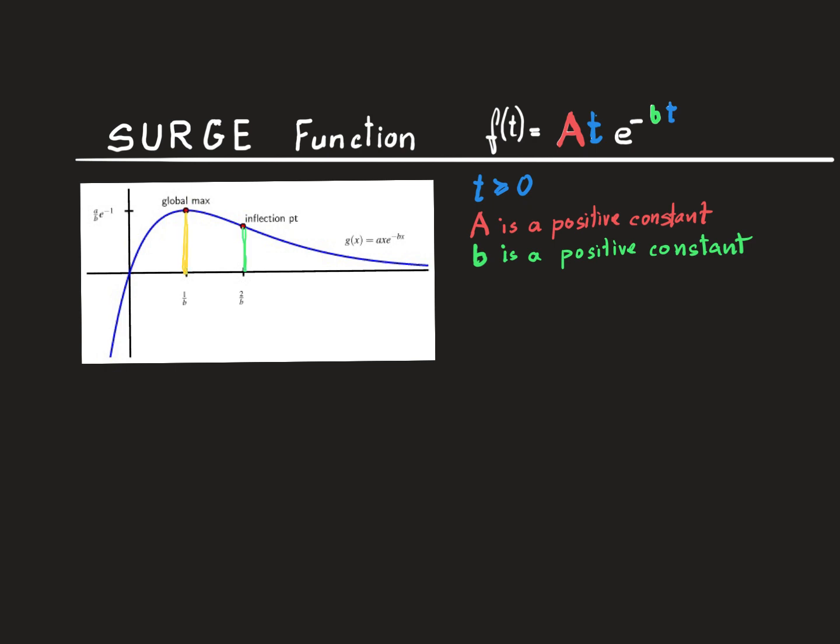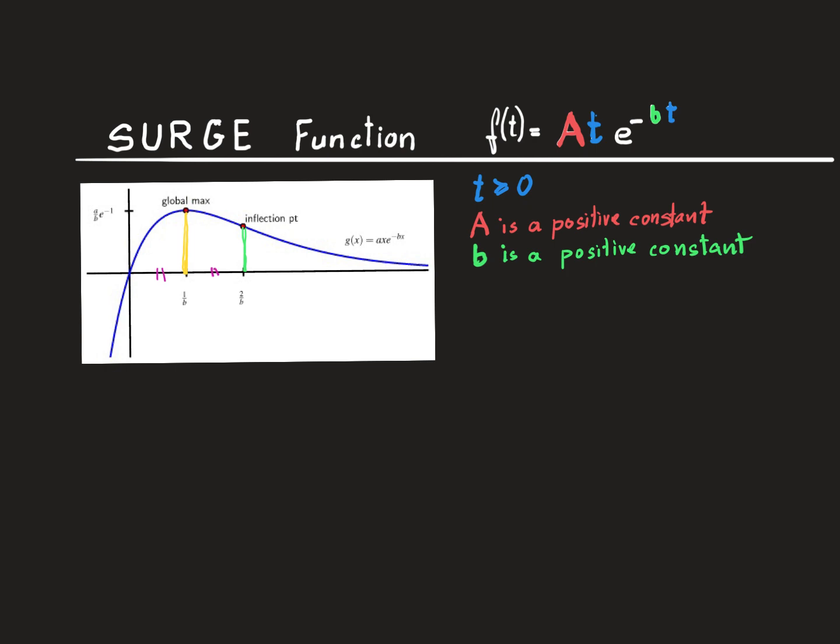In this video, I want to prove that a local maximum occurs at that value 1 over b, and also I want to prove that the point of inflection occurs at value 2 over b. And I want to also show you that the distance to the global maximum is halfway the distance to the inflection point.